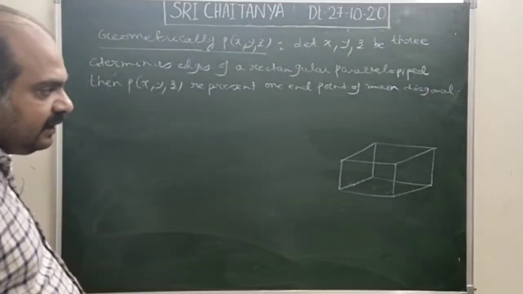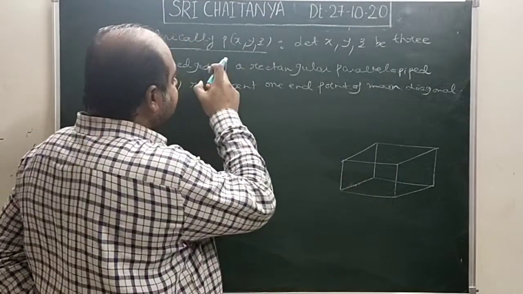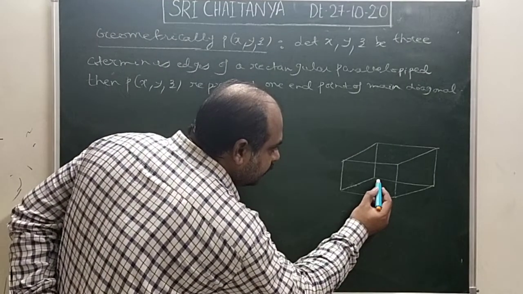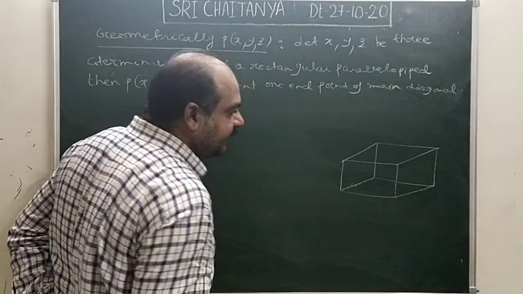Now look at how to represent this point (x, y, z) in the rectangular parallelepiped. Rectangles mean all edges will be at 90 degrees.